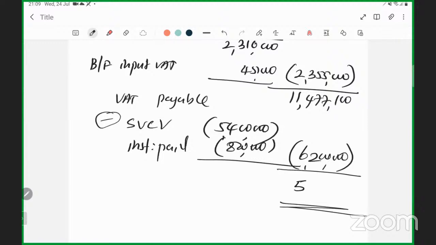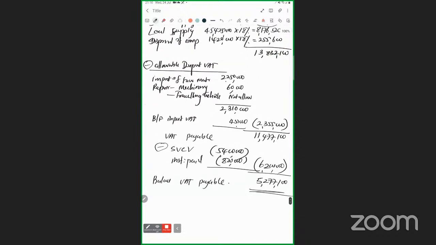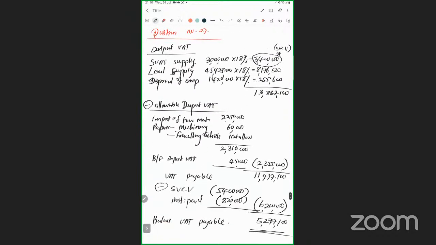So the balance is 5,277,100. That is the balance VAT payable. So that is the summary of the discussion of that SWAT.